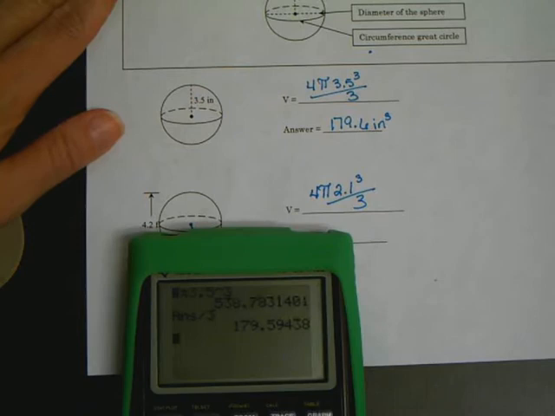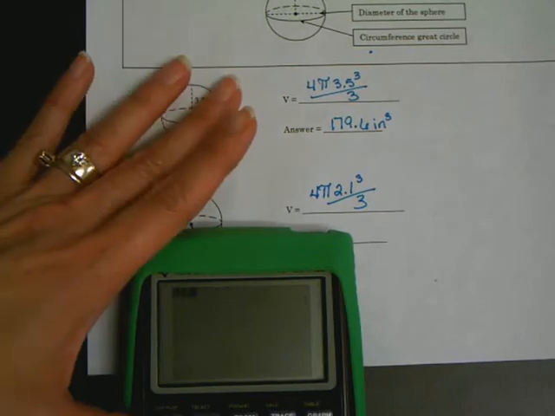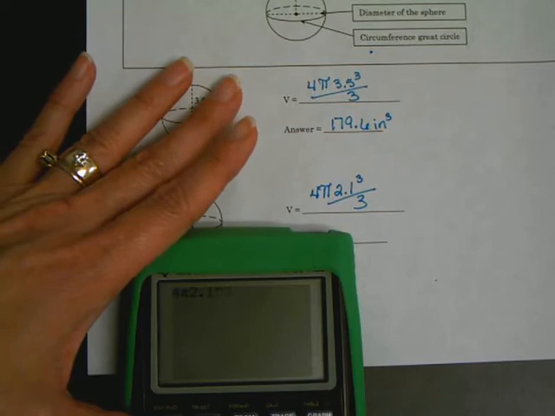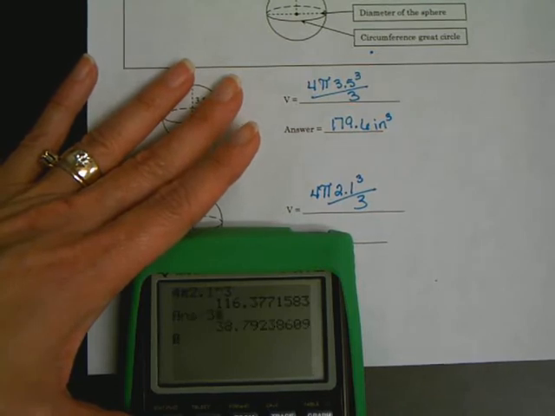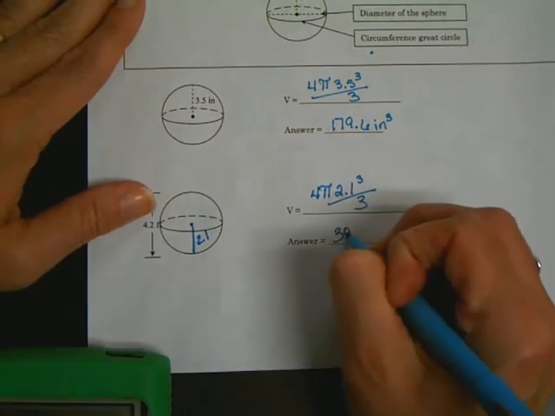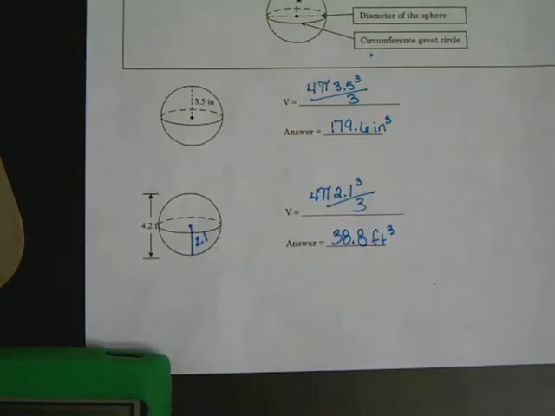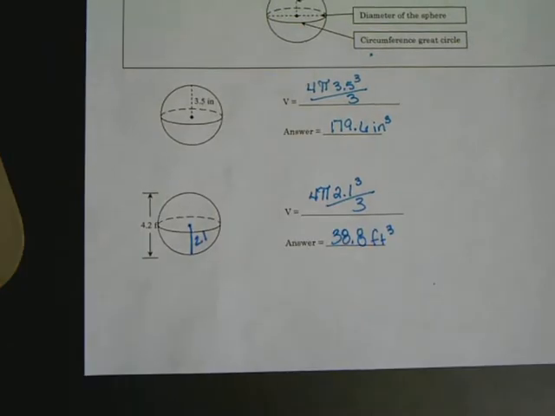Alright, so let's take a look. We're going to put that in as 4 pi 2.1 cubed divided by 3. 38.8 feet cubed. Alright, that's it for volume.